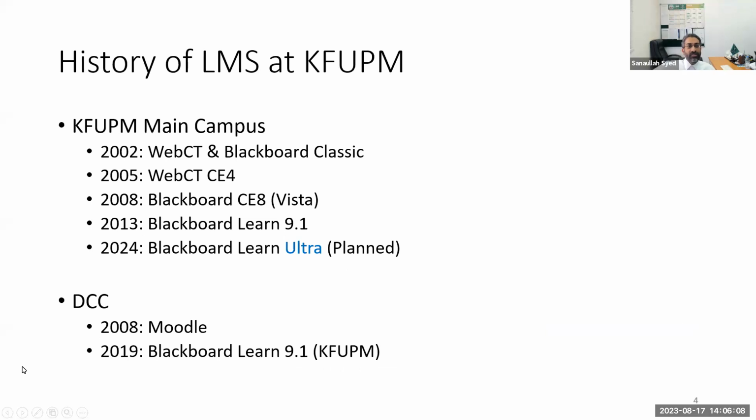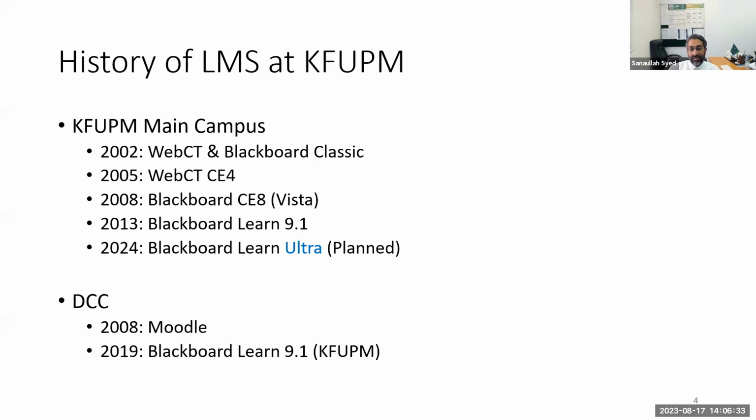If we look at the history of LMS at KFUPM, we have the main campus and DCC. At the main campus, we have had WebCT and Blackboard Classic Edition since 2002, and there were, of course, updates and upgrades. We had WebCT CE4, WebCT Blackboard CE8, which was also WebCT Vista. And in 2013, we got Blackboard Learn 9.1, which is the current system.